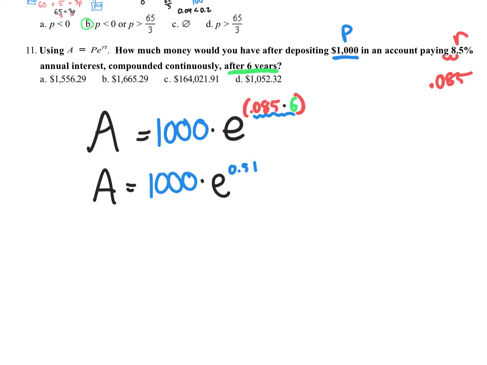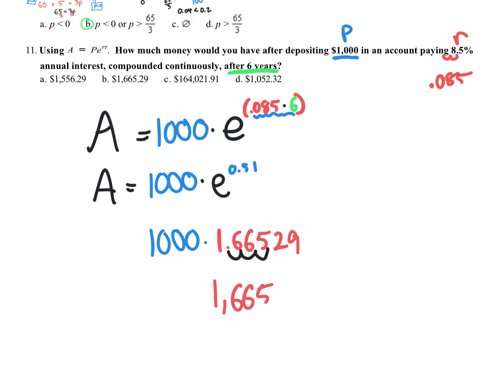So now let's actually type in, if you type in E to the 0.51, you'll get 1.66529, and of course it continues forever, but I'm just going to stop right there. And then multiply that by 1,000. That really means that you move your decimal place over 3 times, 1, 2, 3, and boom, there is your answer, $1,665.29, which is option B.